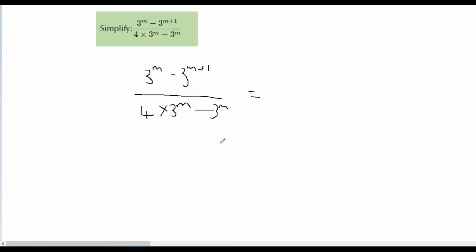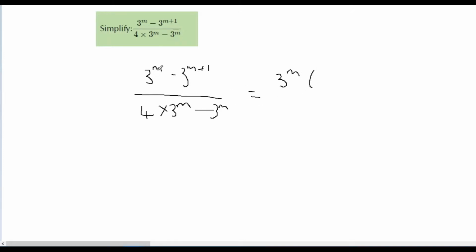So what do we do first? This is what we do. Notice how we have a common factor in both our numerator and denominator, which is 3^m, right? You should know how to take out a common factor.